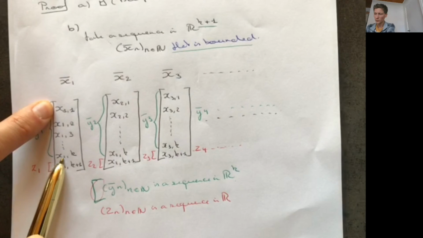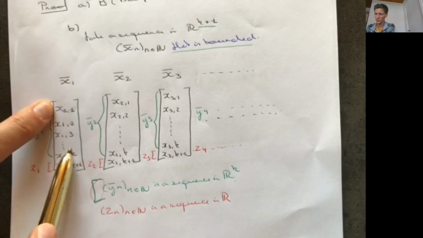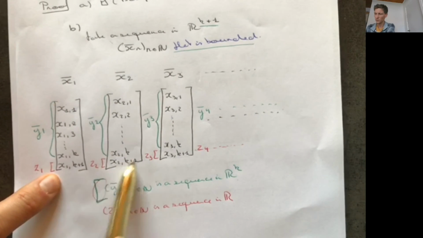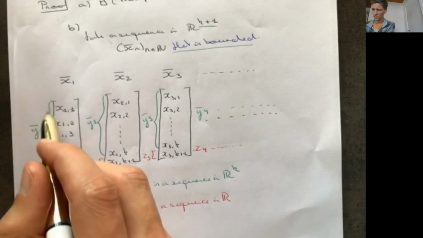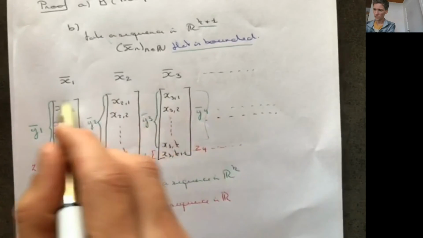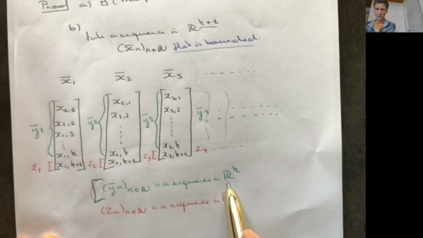Okay. So this is our sequence in Rk plus 1, and basically what we do is split it up into the first part, which only has k elements for every vector here, and then the last element of this sequence of vectors. If you look at the sequence defined by the first k elements each time, then this is a sequence in Rk.